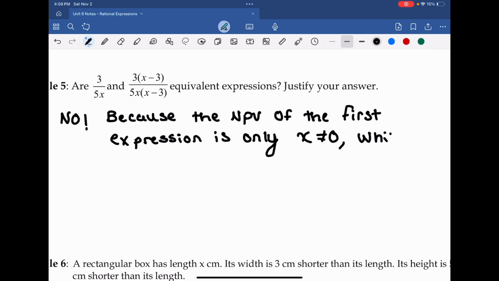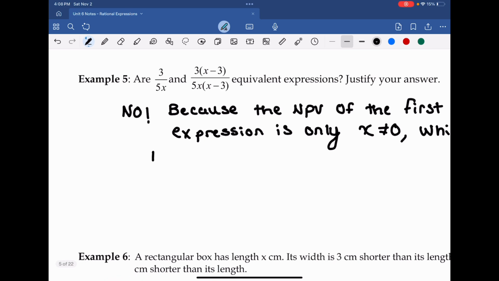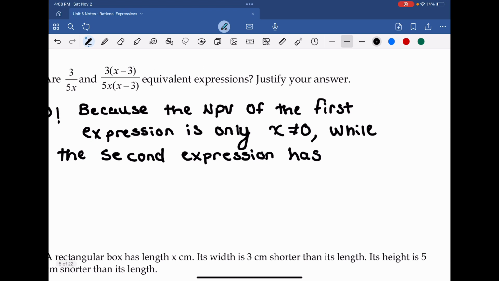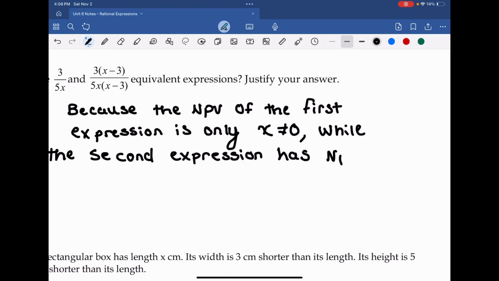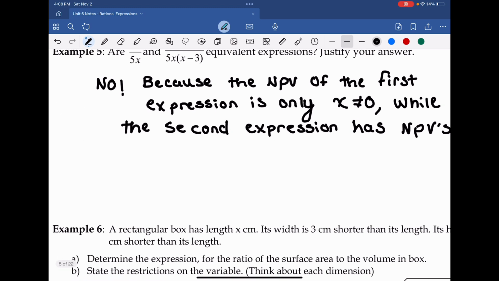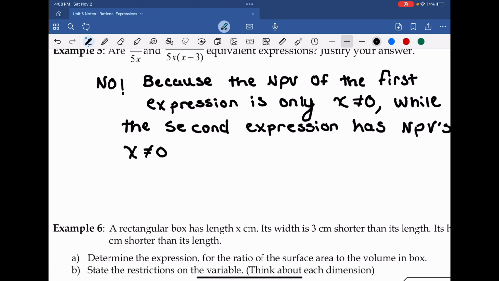while the second expression has NPVs of x cannot equal 0, but x can also not equal 3.